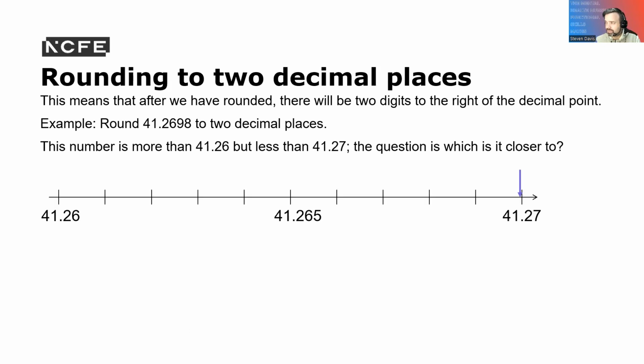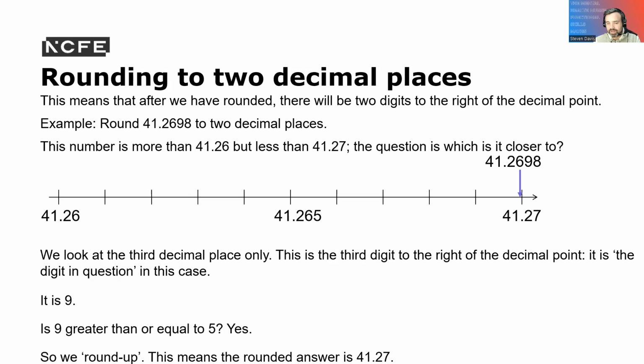So there's your table. If we have a look at that, we look at the third decimal place only. This is the third digit to the right of the decimal point. It is the digit in question. In this case, it is 9. 9 is greater than or equal to 5. Yes, so we round up. This means the answer is 41.27.